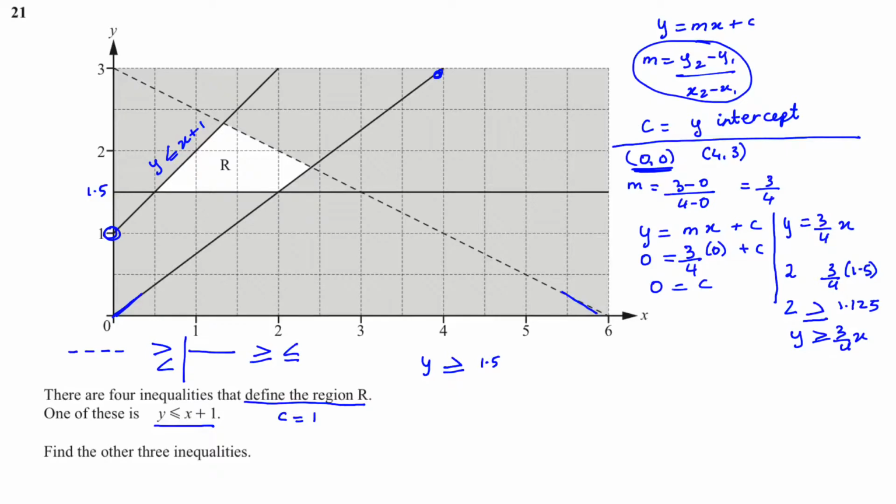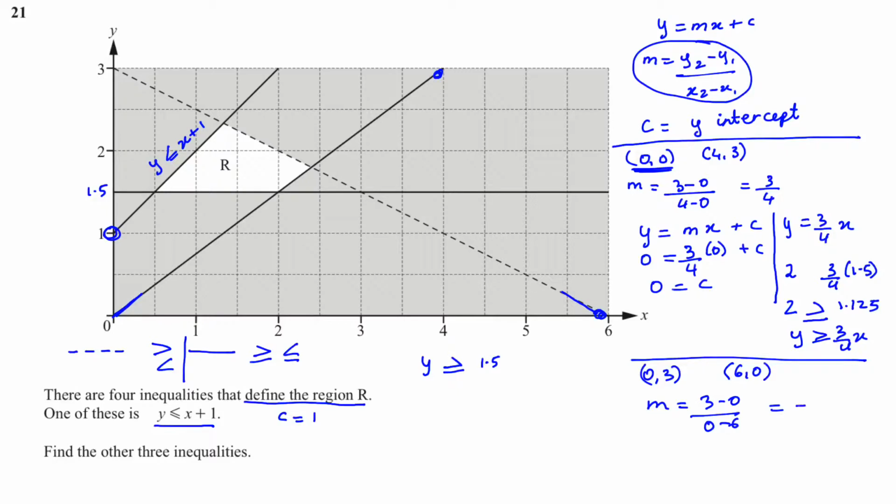So now we have to find this line here. Again, choose 2 points. We will choose 0, 3 and 6, 0. We'll find the gradient. The gradient will be 3 minus 0 over 0 minus 6.